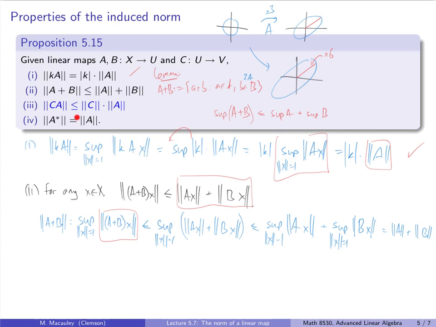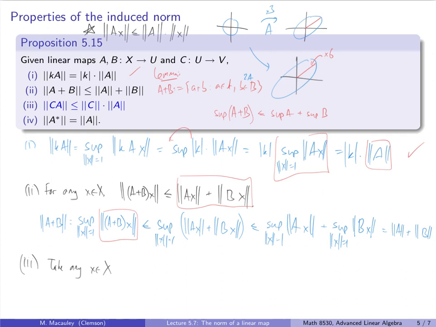Then part 3. Parts 3 and 4 are actually easier than these. These are hard, but they do use the definition and some basic facts from real analysis. Let's do 3 now. Let's take any vector x, and recall what we just learned on the previous slide: the norm of Ax is less than or equal to the norm of A times the norm of x.